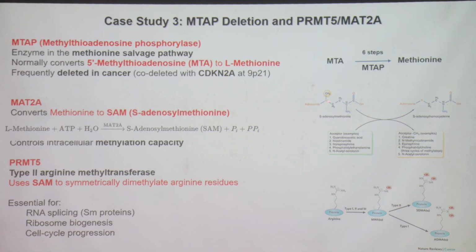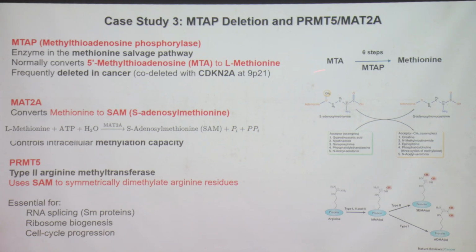Look at this methyl group, and this sulfur is positively charged, so this is a very good donor of methyl groups. Whenever you have to do methylation in cells, this is the donor. When it donates the methyl group, it becomes S-adenosyl homocysteine, and then it is further converted.